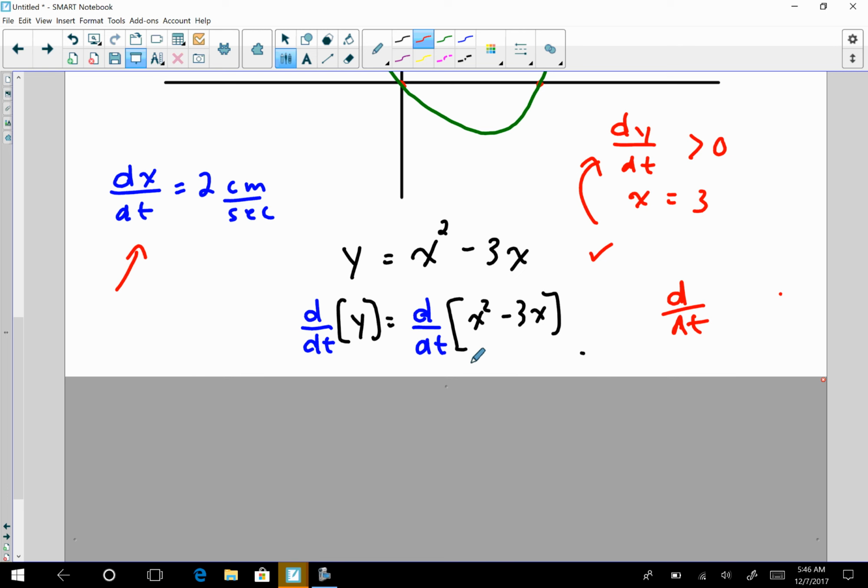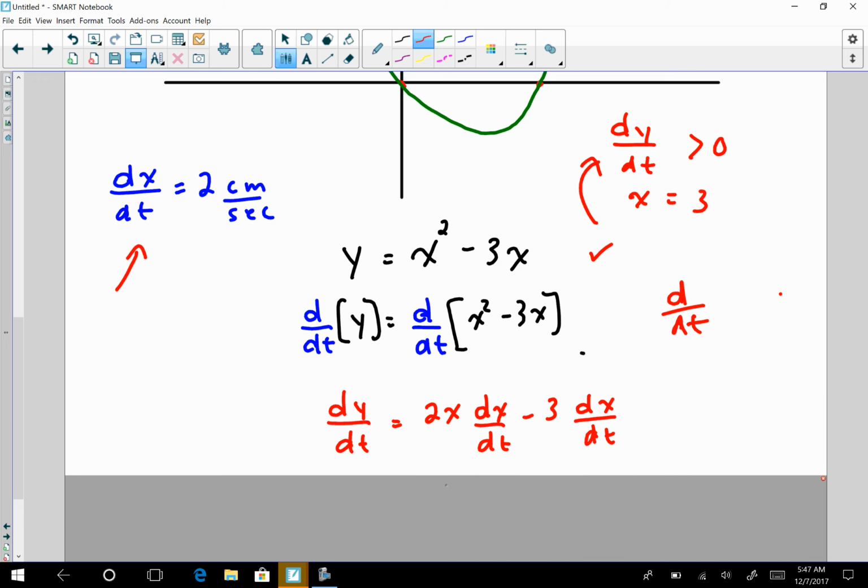So we're going to treat that just as we did differentiating y with respect to x. Please don't make this difficult, it's kind of straightforward. If I d/dt y, I get dy/dt. If I d/dt x squared minus 3x, I'm going to get 2x, which is the derivative of x squared, with the dx/dt tagged on the end.